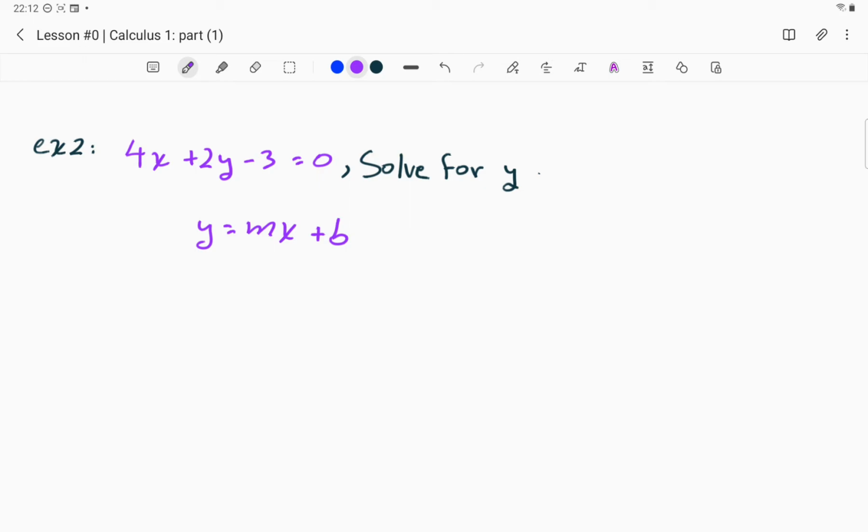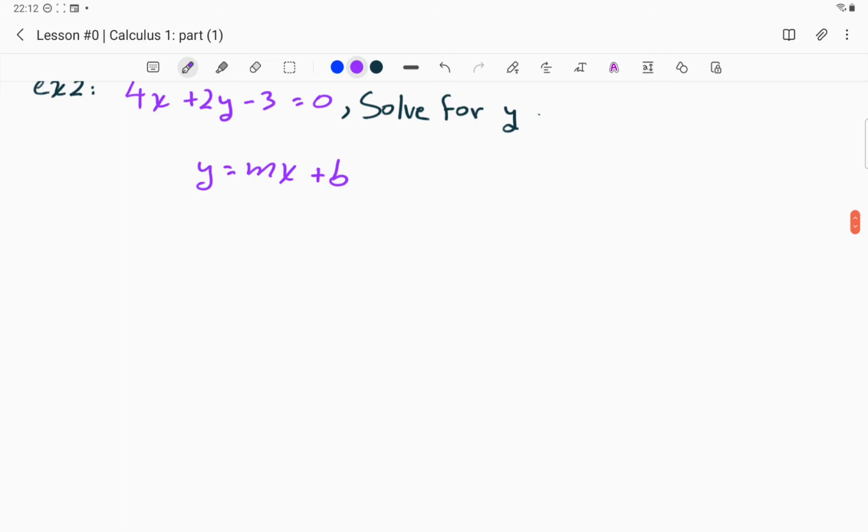And yeah, you just got to solve for that and get the y, only y, on one side. So again, let's go ahead and solve it real quick, as quickly as possible. Originally you have 4x plus 2y minus 3 equals 0.